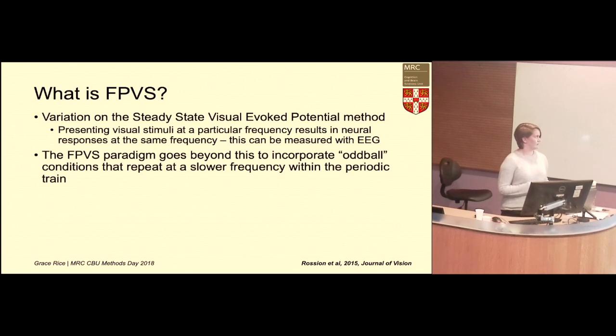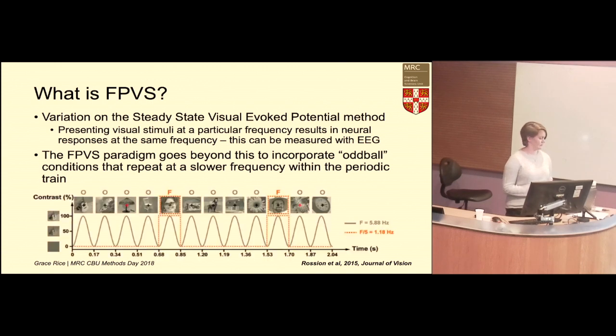So the way that the fast periodic paradigm goes beyond this is to incorporate what they call oddball conditions within that train of images. So you incorporate your condition of interest that repeats at a slower frequency within the periodic train.